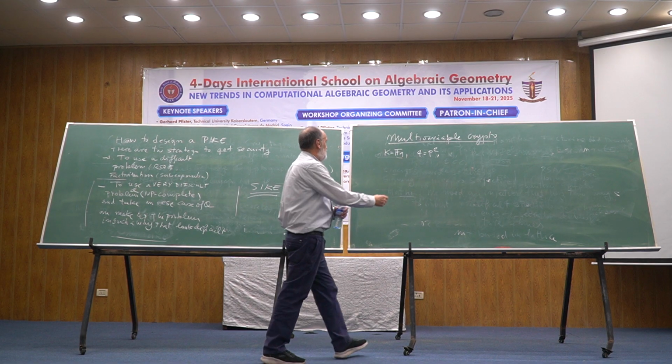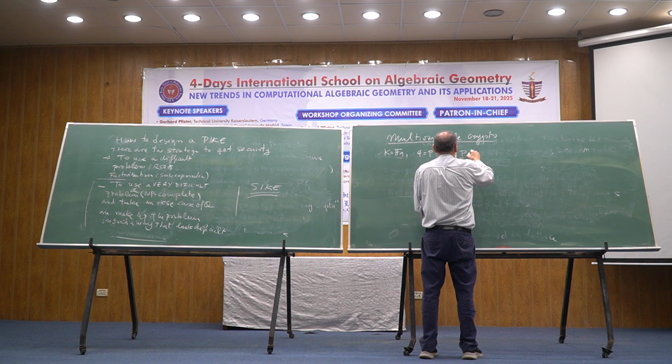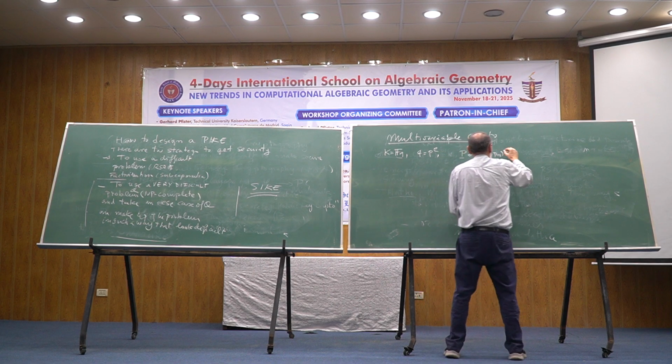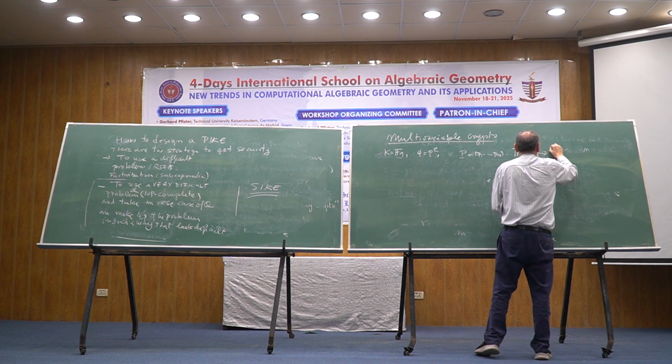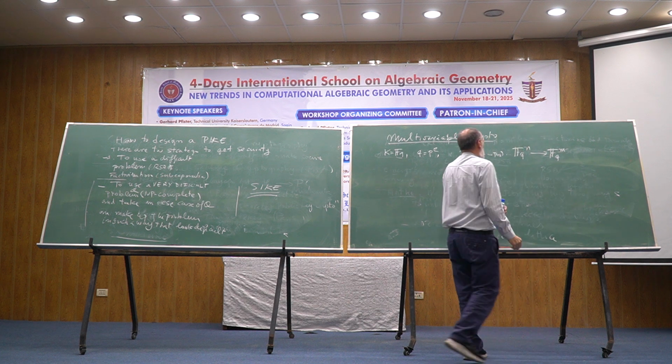All right, and then we use polynomials. So a polynomial map P1, ..., Pm from F_q^n to F_q^m.